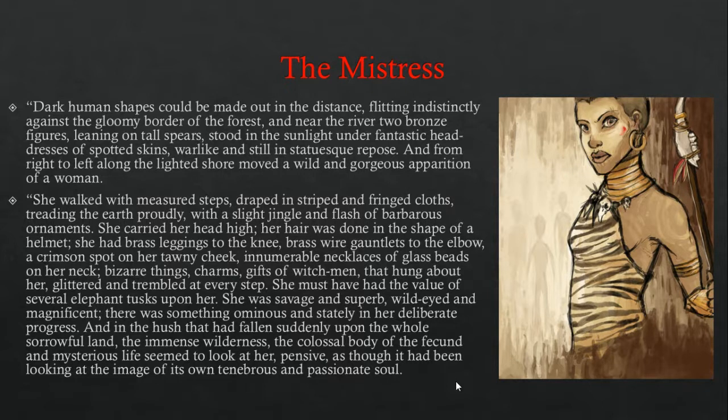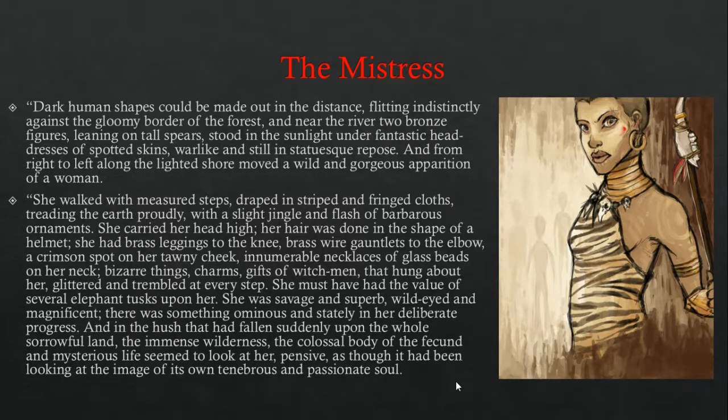She walked with measured steps, draped in striped and fringed cloths, treading the earth proudly, with a slight jingle and flash of barbarous ornaments. She carried her head high. Her hair was done in the shape of a helmet, and she had brass leggings to the knee, wire brass gauntlets to the elbow, a crimson spot on her tawny cheek, innumerable necklaces of glass beads on her neck, bizarre things, charms, gifts of witchmen that hung about her, glittered and trembled at every step.